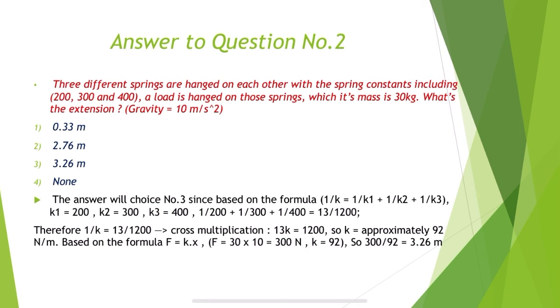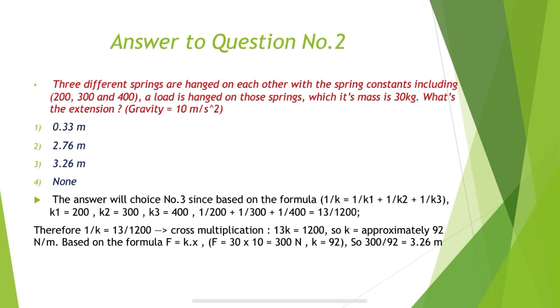So force equals 30 multiplied by 10, as gravity is 10 meters per second squared, so 300 Newton. And K, as we solved, is 92 Newton per meter. So we want the x.